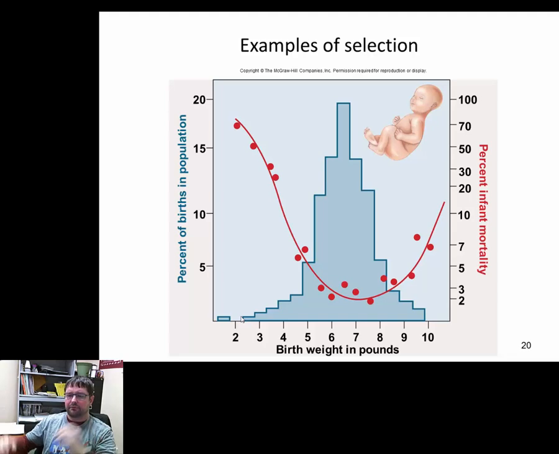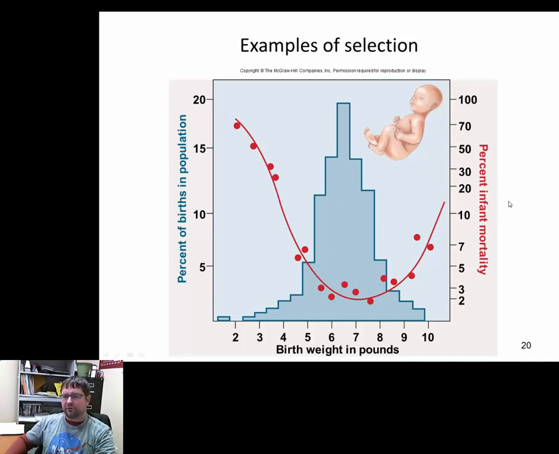It just wasn't going to happen. But the same thing occurs on the other end. If a baby was going to be produced that was 10 pounds or 9.5 pounds, and the mother had to have a C-section, in the 1700s, that really didn't occur. So the mother would die and the baby would die, and those genes would be eliminated from the population. Thus, the population's weight of children was somewhere around that 7-pound mark.